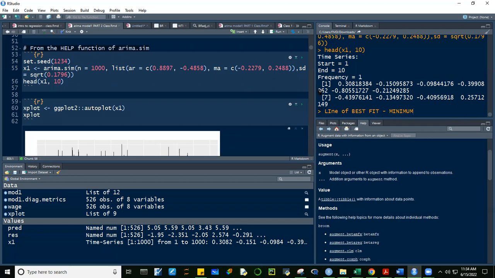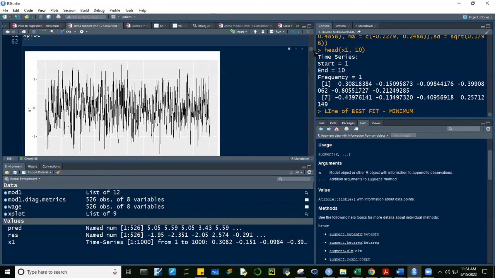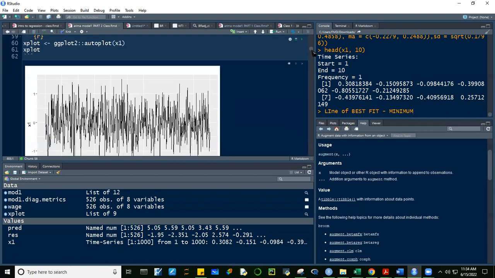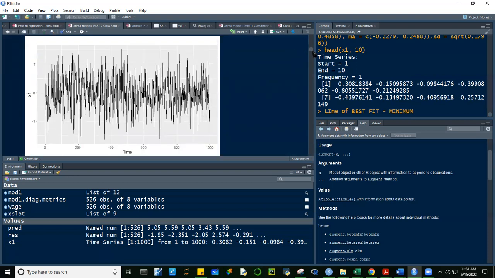And what we did last time was to plot this, and we can see here that the plot of our time series x1 is stationary. Kasi nga, guys, ang ARIMA process is stationary yan. Tingnan natin, walang trend, and the variance is constant across time.